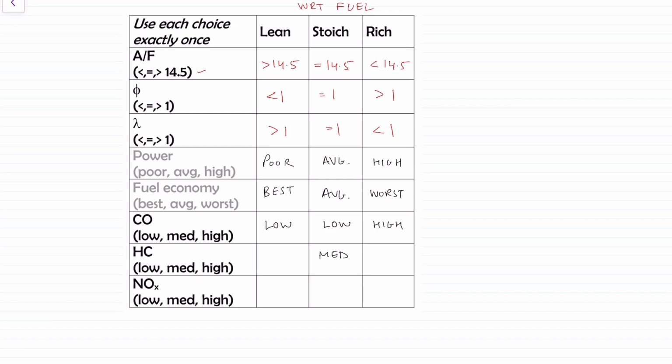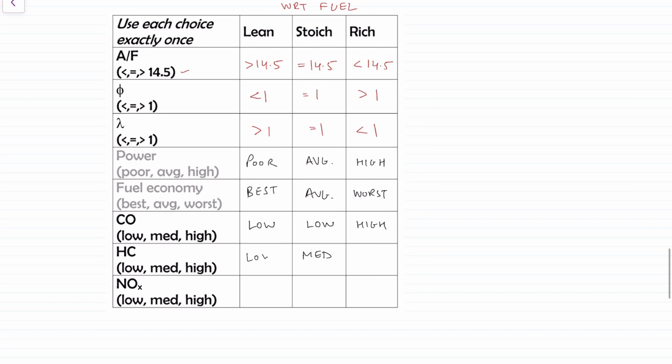So this would be low, medium, high. And for NOx, or nitrogen oxides, as you've seen, this will be low, high, and low.